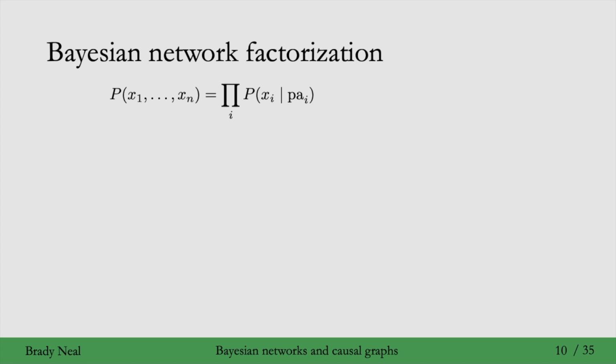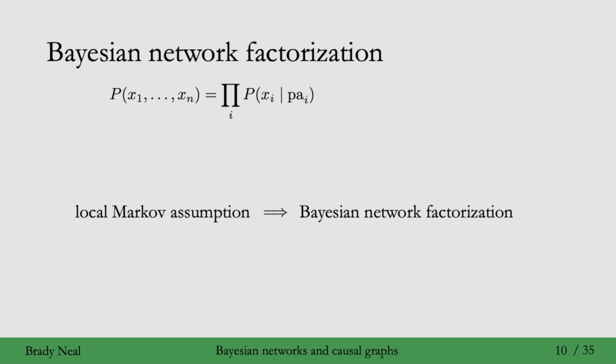If you remember from a couple slides ago, the way we actually did the example in the last slide is using the local Markov assumption. And then that example, we generalized it in this slide to the Bayesian network factorization. So we were giving the intuition for this implication that the local Markov assumption implies the Bayesian network factorization.